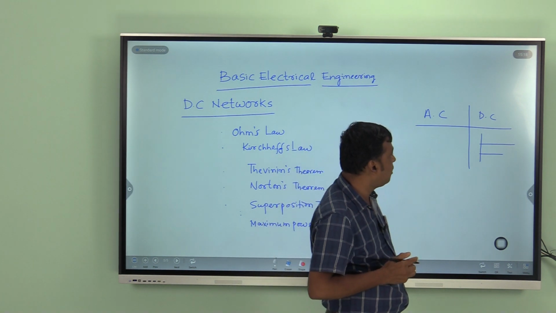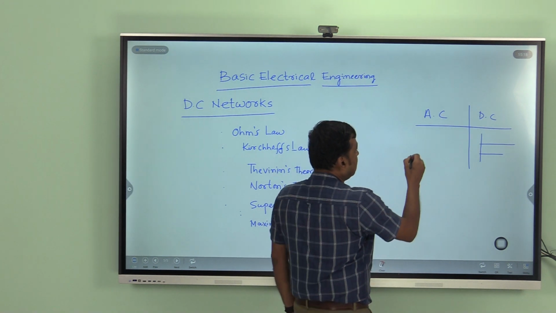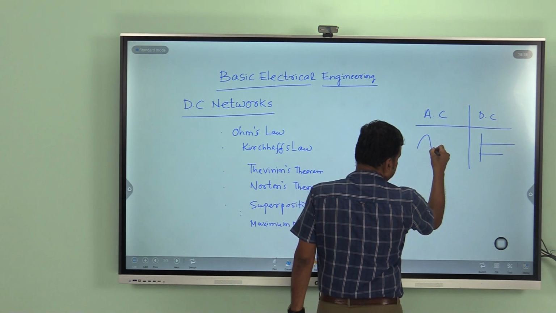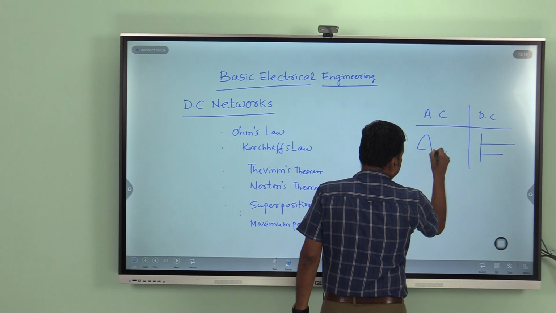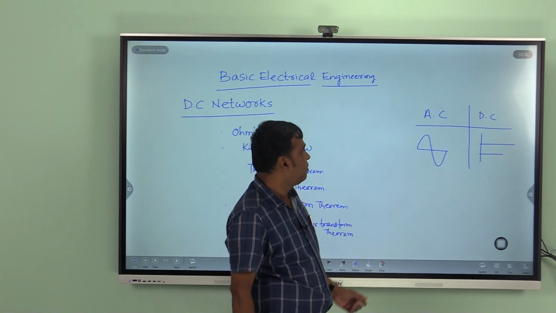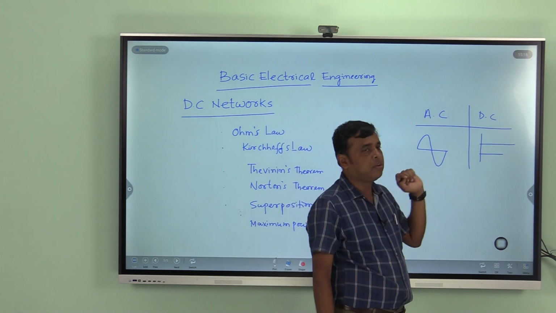But in case of alternating current, the current can flow through one direction for a certain period, then it will flow through another direction in the next half cycle. So this is alternating current and this is direct current.